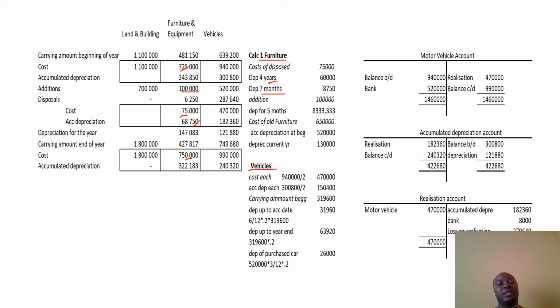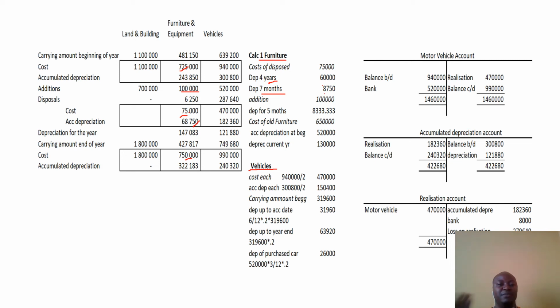It's always the opening balance in terms of costs, right, plus what has been added, should give you the closing balance. But if you add 725 plus 100, it's not giving you 825 here. So automatically in your mind you should question that, oh, there should be something that was disposed, right? So you would say the total 825 minus the 750 will give you 75.